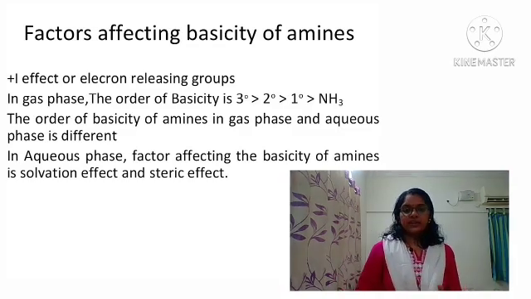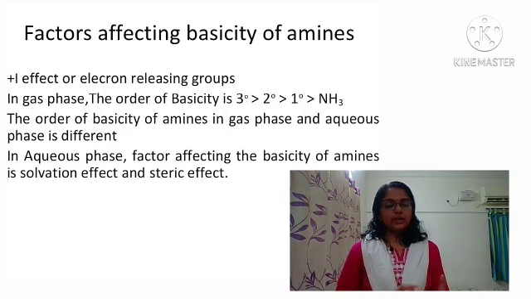Taking the alkyl amines, that is primary, secondary and tertiary amines: in primary there is only one electron releasing group, that is one alkyl group. In secondary there are two electron releasing groups, that is two R groups. And in tertiary there are three R groups, that is three alkyl groups are present.